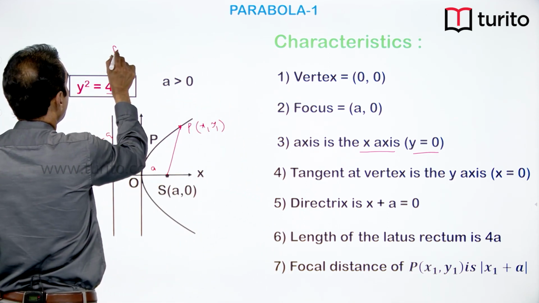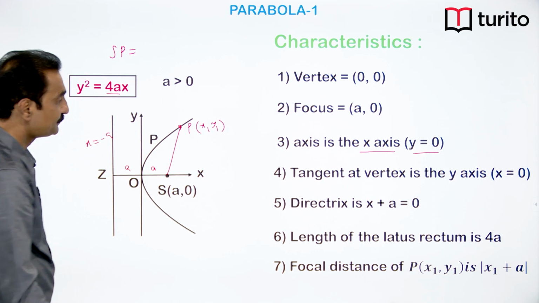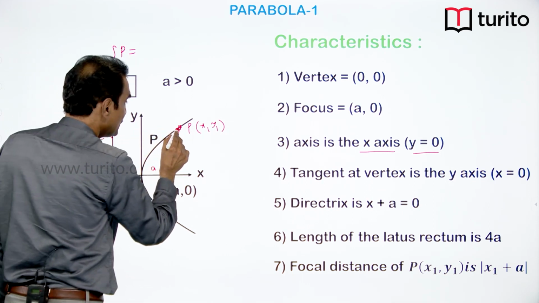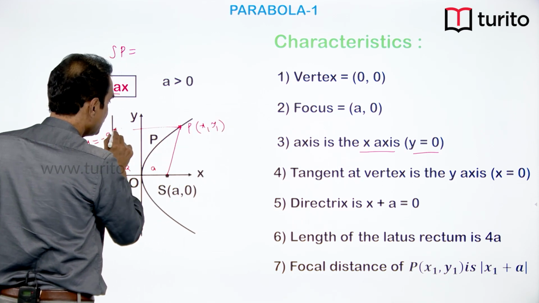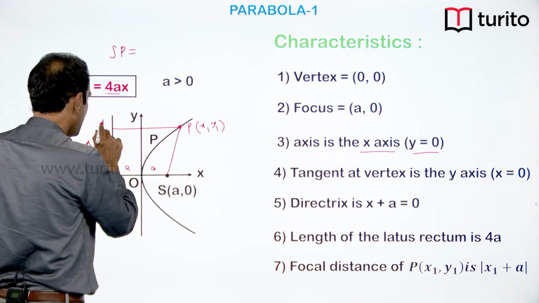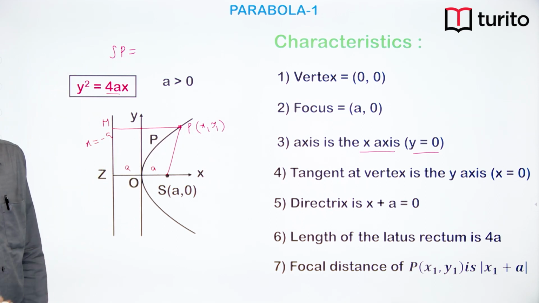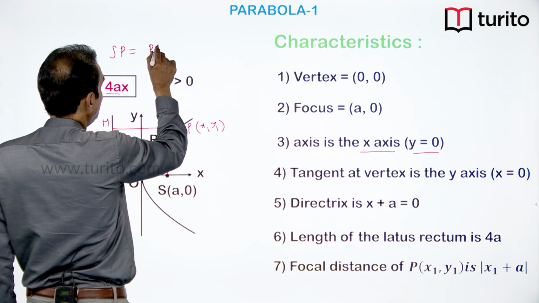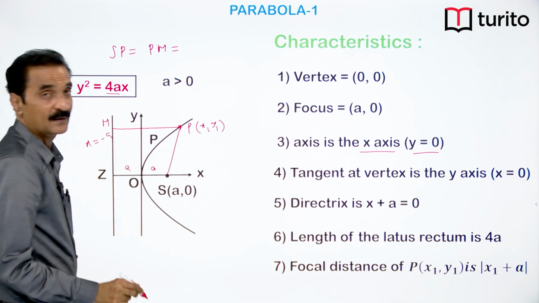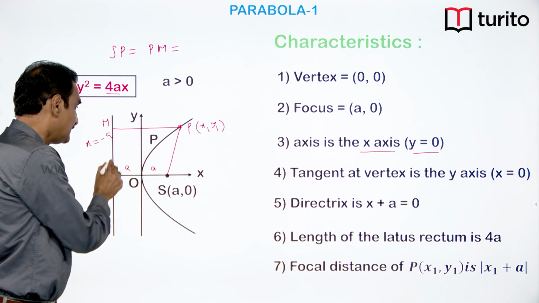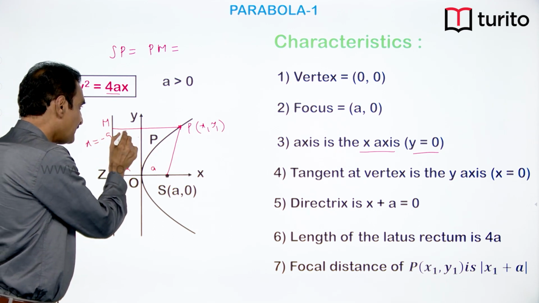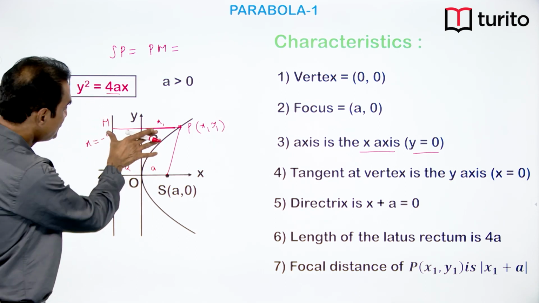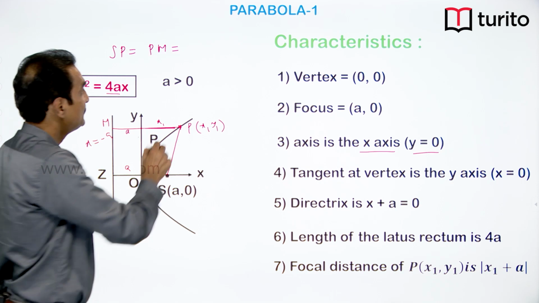SP is equal to, it is equidistant from the focus and directrix. So, SP is equal to PM. Instead of applying the distance formula, I am going to write SP as PM. What is PM? We know that this is a, and what is this? x1. So, what is PM? |x1 plus a|, with mod.